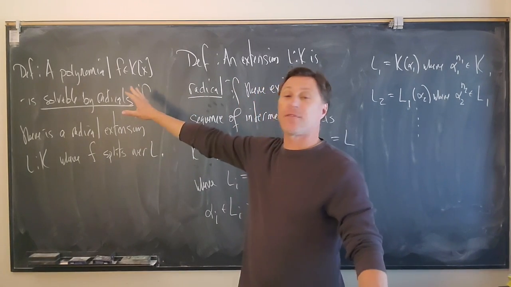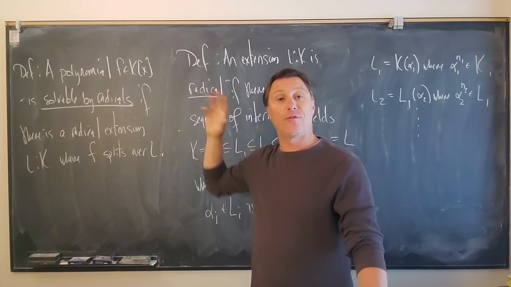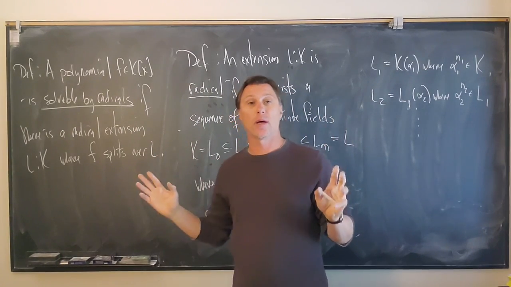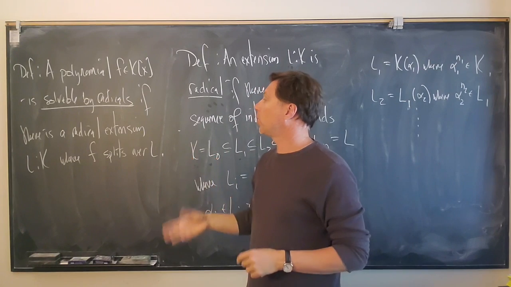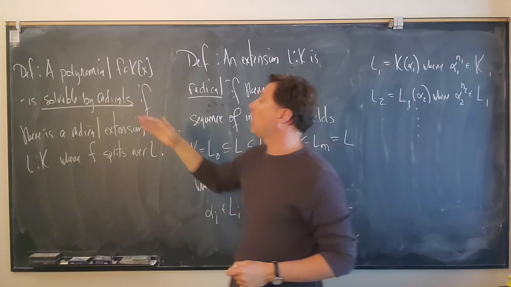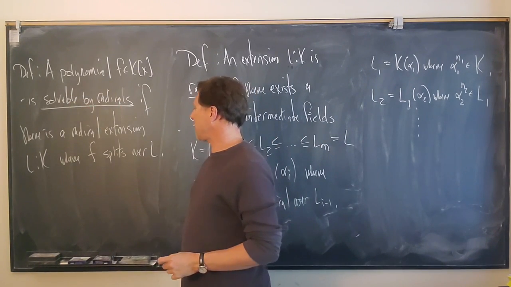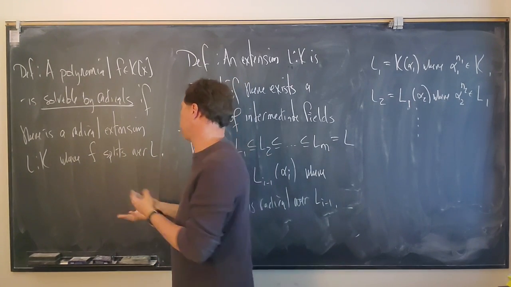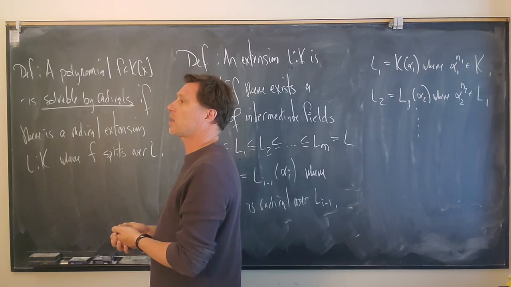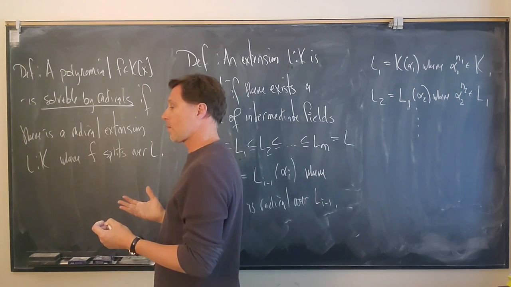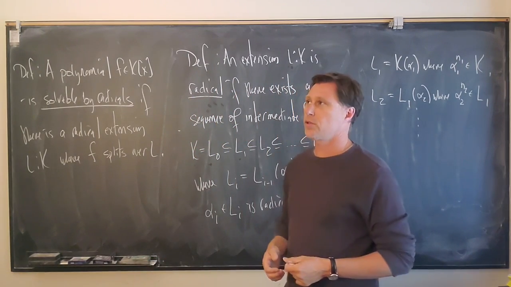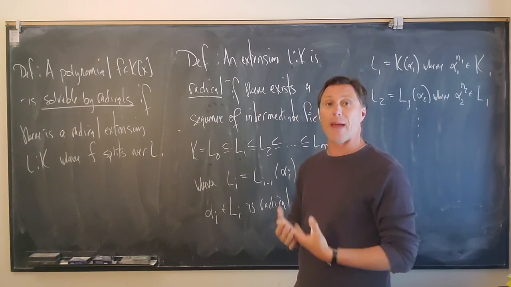And this is the definition that we're looking for that formalizes the idea of having an algorithm or a formula to find the roots of the polynomial. When the polynomial is solvable by radicals, what it's saying is that it splits in a place where you can describe the roots.